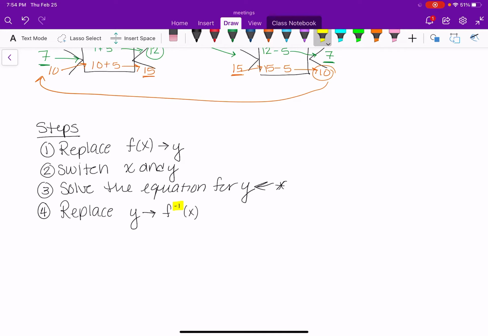All that -1 is doing for us is indicating that this is the inverse, and we always want to make sure that whatever letter sits here, it's the same letter here. Again, I'm using f because that's the most common, but if my function was h of x, then when I find my inverse, it's going to be h to the -1 of x. And again, all this -1 does is indicate that it's an inverse.